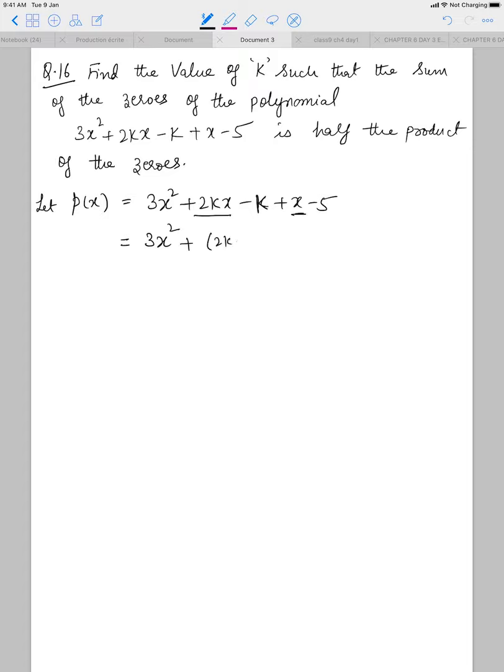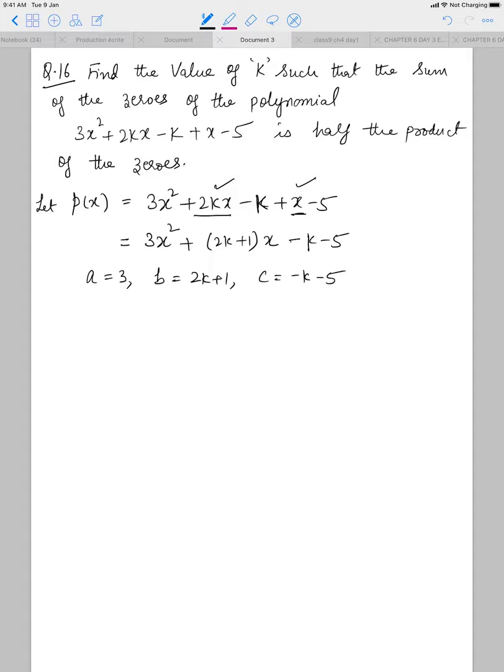We will write 2k plus 1 and outside the bracket x, meaning we have taken x common from these two terms. Inside the bracket we are left with 2k plus 1, then minus k minus 5. No x term means it is the constant term. So here a will be 3, b is 2k plus 1, and c is minus k minus 5.